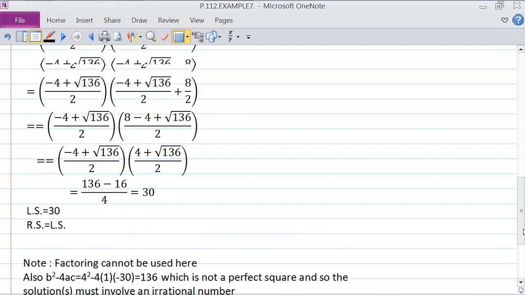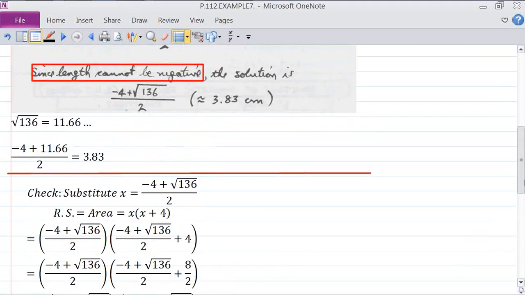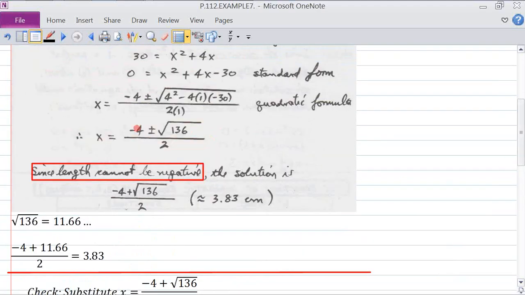Now let's go back. There are really two irrational solutions here. Minus 4 minus root 136 over 2, and minus 4 plus root 136 over 2. However, we discarded the negative one because a length cannot be negative.